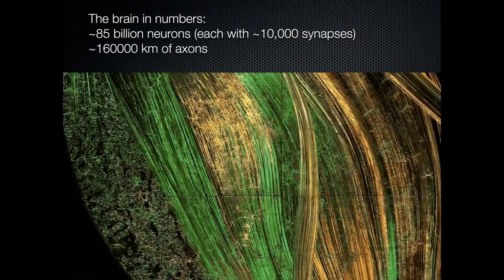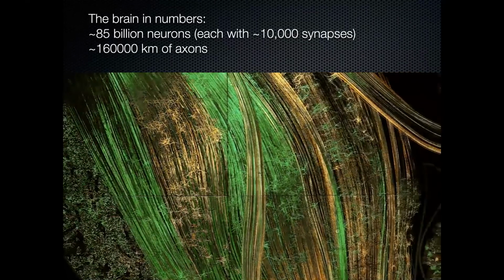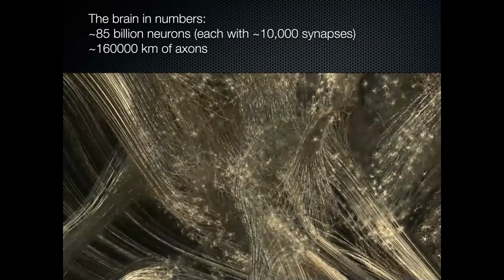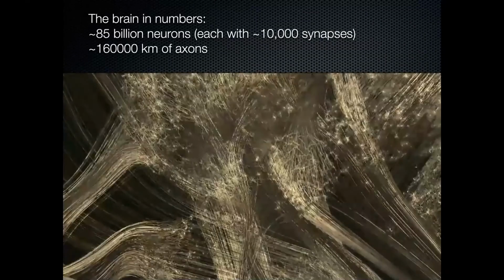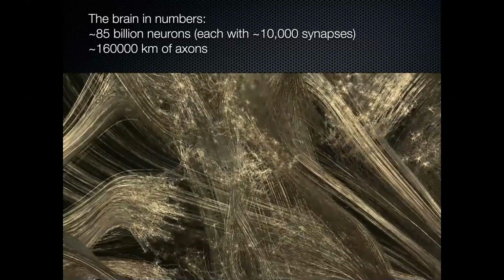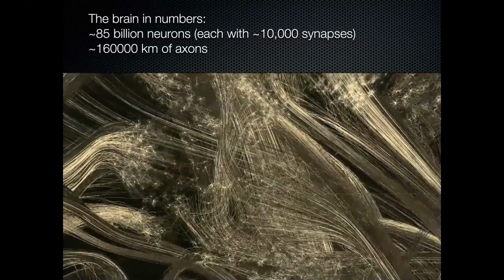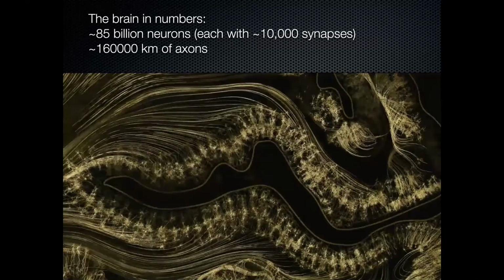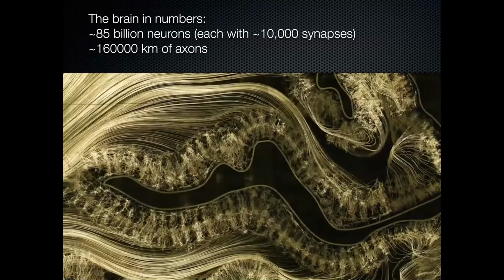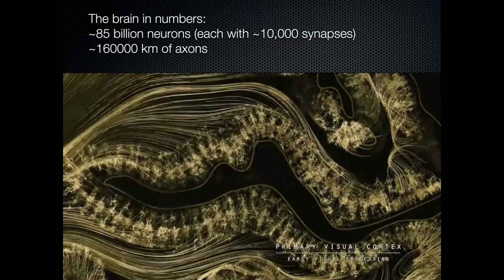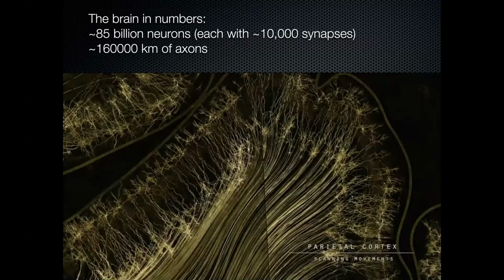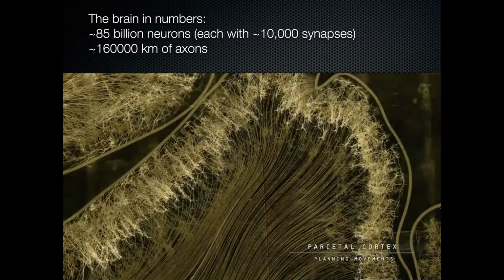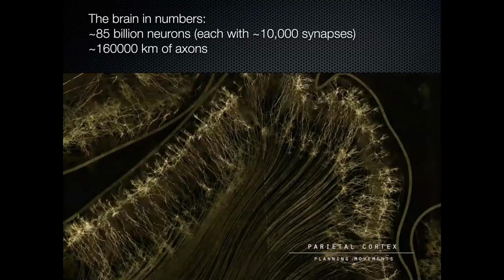The amount of white matter can be around 100,000 miles, so 160,000 kilometers of axons, interconnecting different brain regions together with short range connections and long range connections. So it's a real complex organ that we try to map with tractography at a certain scale, right?